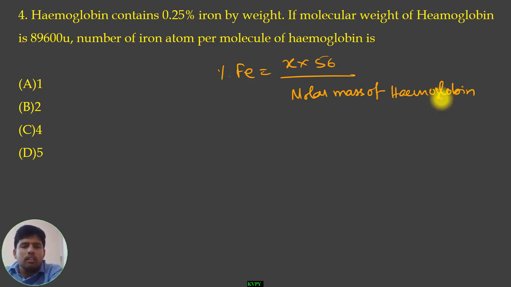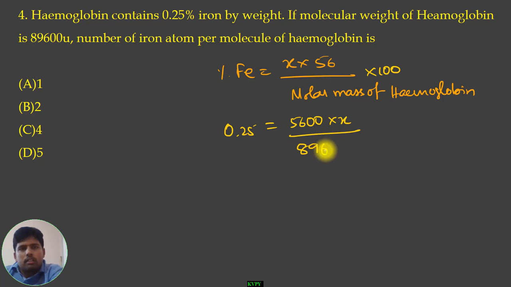So now, this will be equal to 0.25, of course here multiply by 100, 5600 into X divided by 89600.